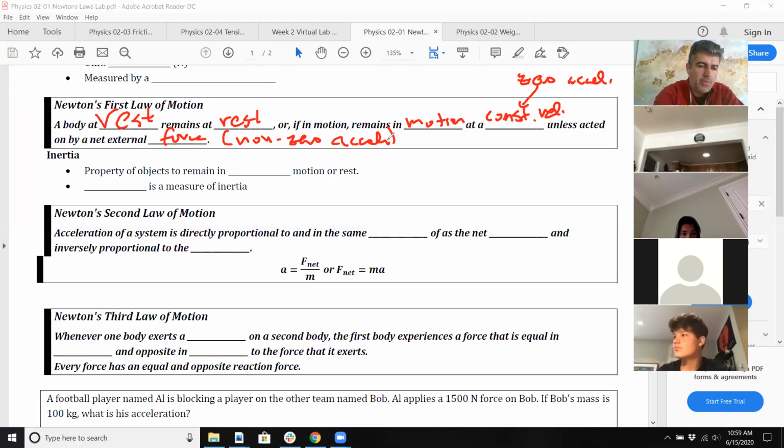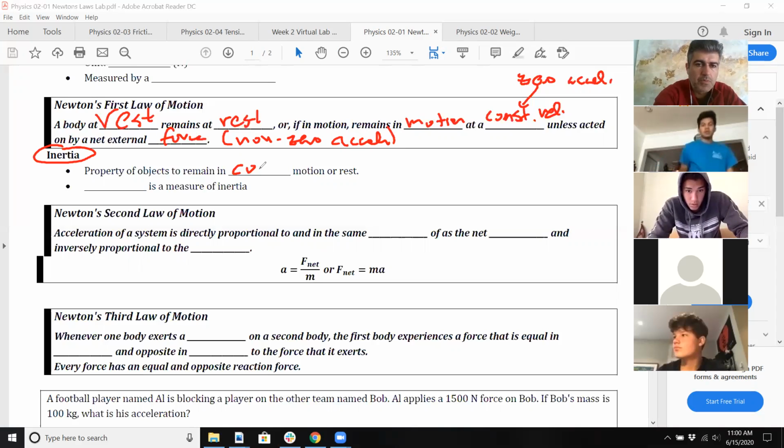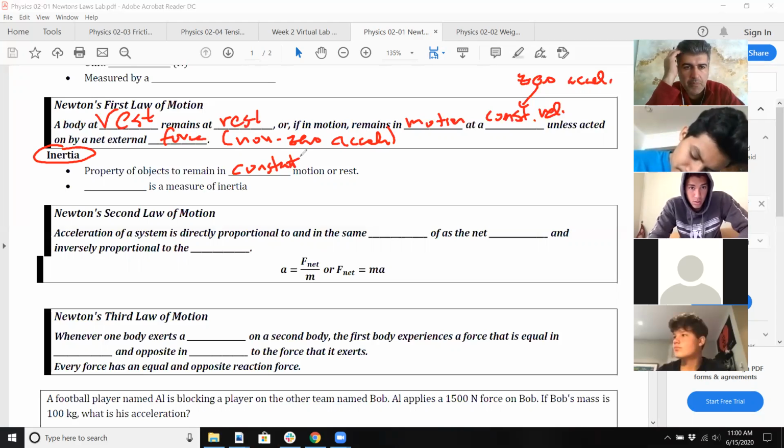Property objects to remain in constant. So we're defining inertia now. Inertia is something we consider to be the property of an object that remains in constant motion or rest. And mass is a measure of inertia.